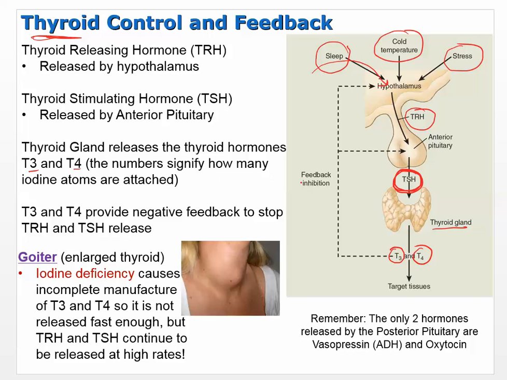Once the T3 and T4 are made, they will provide negative feedback, and they'll go up here and block this, and they'll say, okay, we're here, and so that will shut down the release of TRH from the hypothalamus and TSH from the pituitary. Okay, so that's a negative feedback. It's kind of self-reliant. It's kind of interesting how that works.